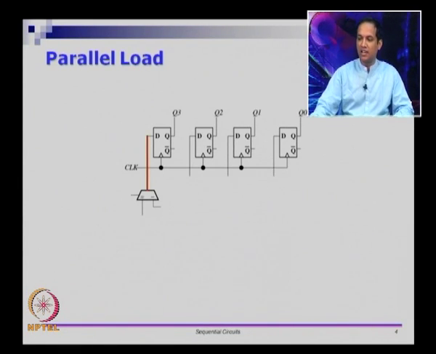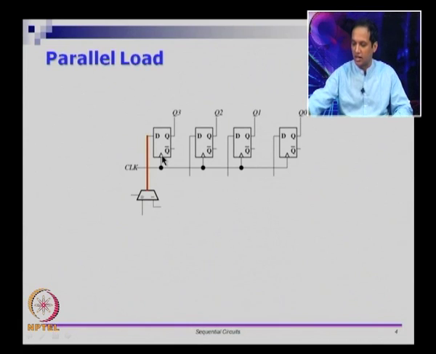In this case, we put a mux here and it has 2 inputs, so it is a 2 to 1 mux. We want to be able to either take it from the external world or take it from the previous value that the flip flop was storing. Let us do it for one flip flop first.